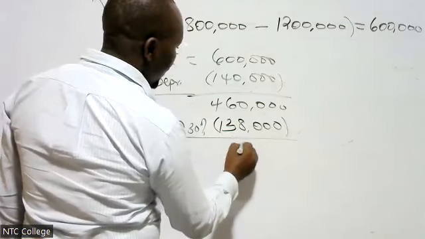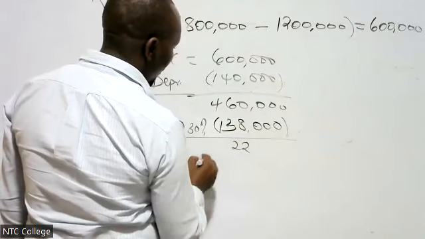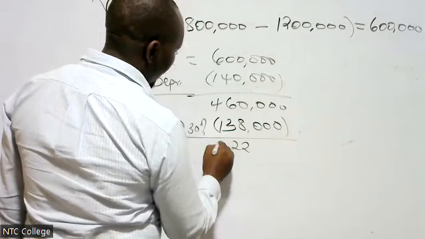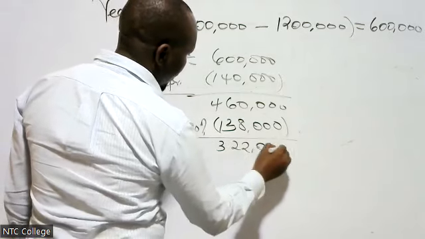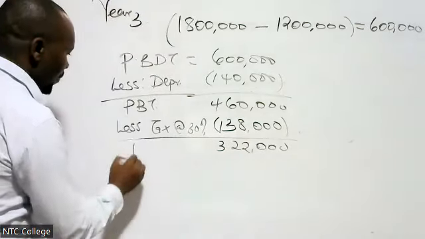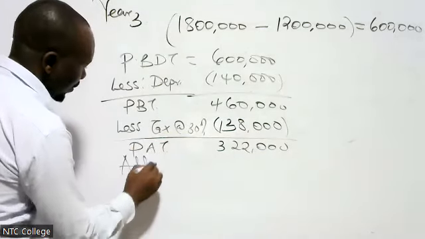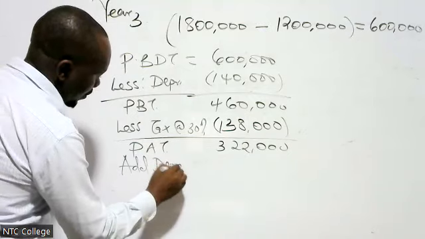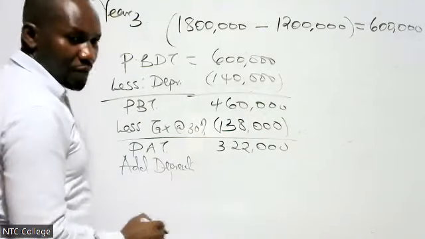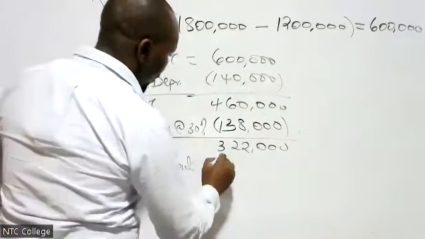So if you subtract this, that is 223. Add back, that is profit after tax. Add the depreciation. Add back depreciation. So depreciation is 140.